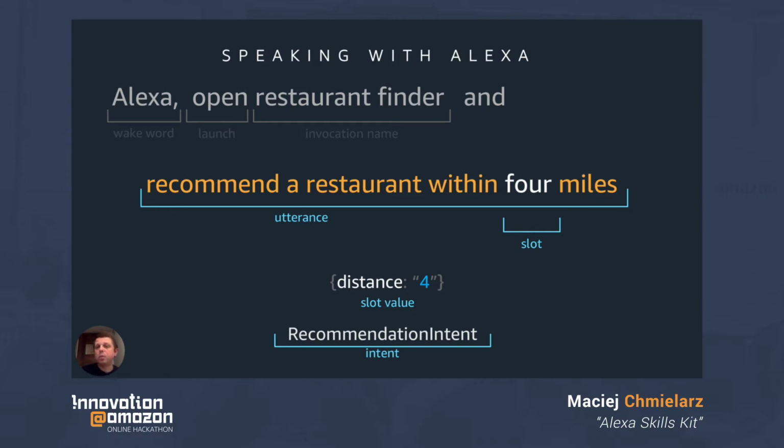So in this case, we have an utterance where the user is asking to recommend a restaurant within 4 miles. For your skill to process it properly, it needs to know the radius in which the user is looking for a restaurant. So this value of 4 is put into the intent, and you get it in a JSON format, and it can be parsed, and your skill can act upon that properly.